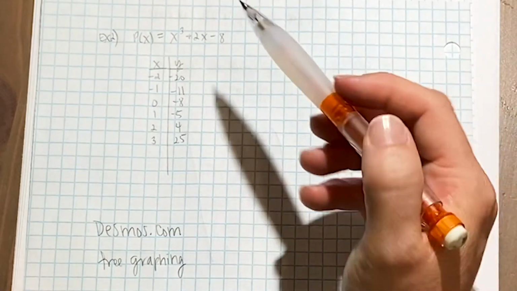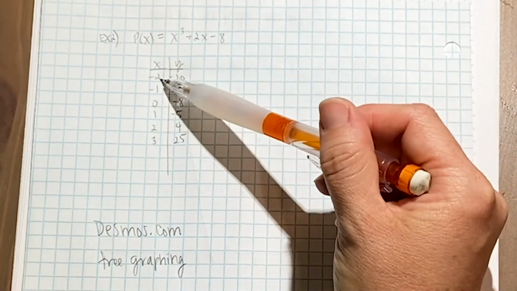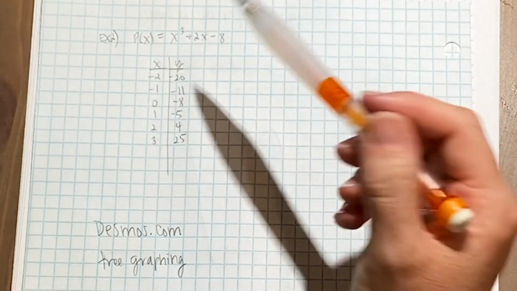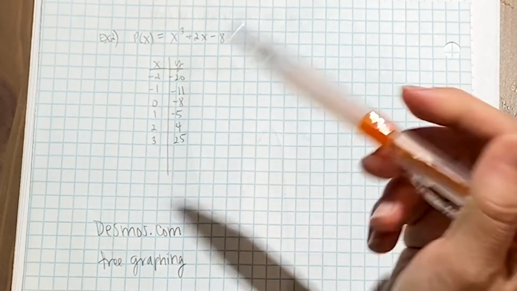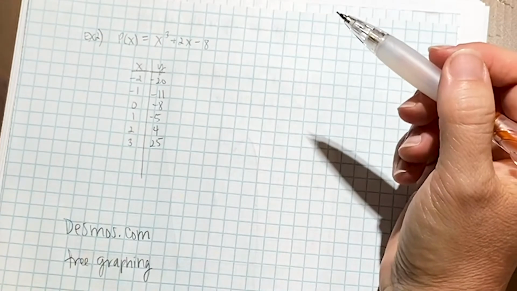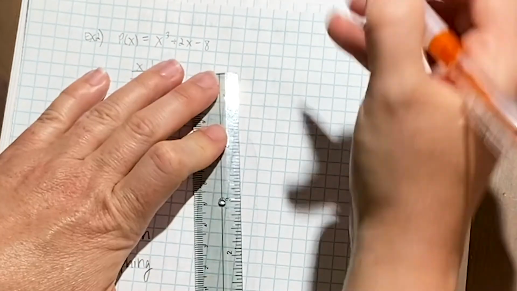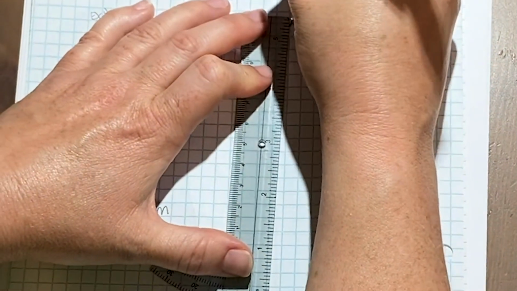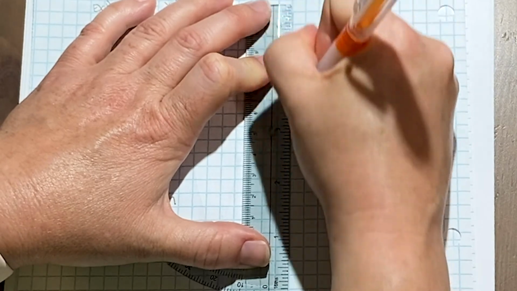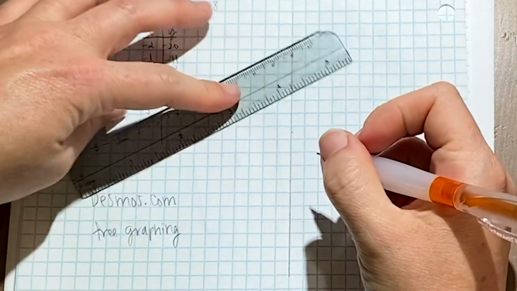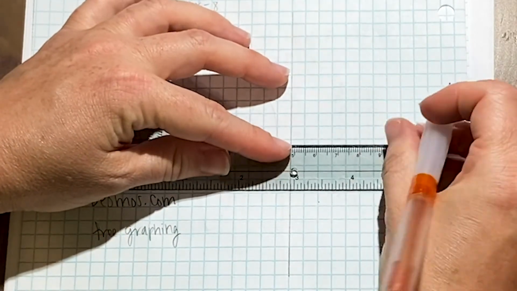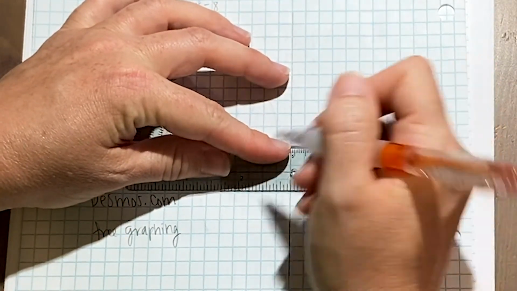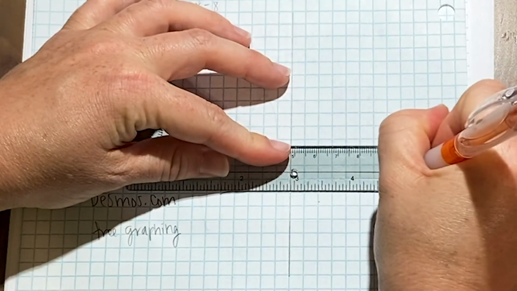All right, on our x values, we're going to go from -2 over to +3. For the y values, we need to go from -20 up to 25. So for the sake of space on this one, I'm going to count by 4s because that's a pretty broad range. I don't know if I can count by 4s backwards, y'all.